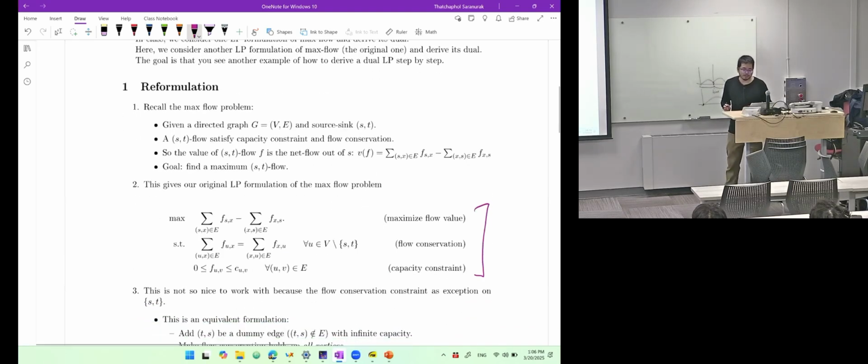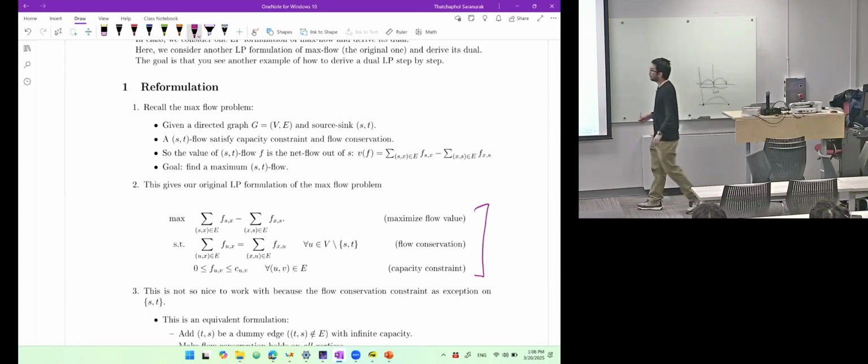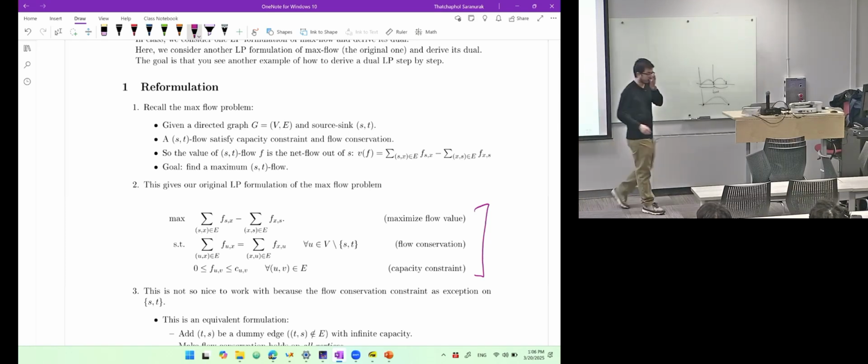But here I show how to derive the dual of our original LP formulation of MaxFlow. You get a different dual. You start with a different LP, although it's the same problem, and you get a different dual. So I try to do this step by step, and you can read up, and you do some of this in the homework for a different problem. Okay.